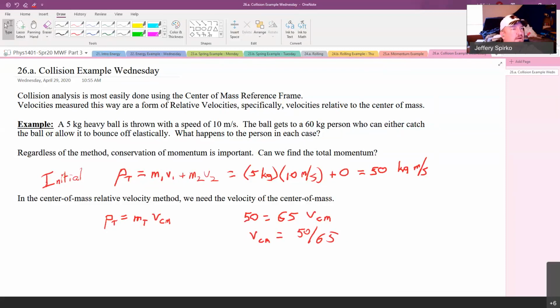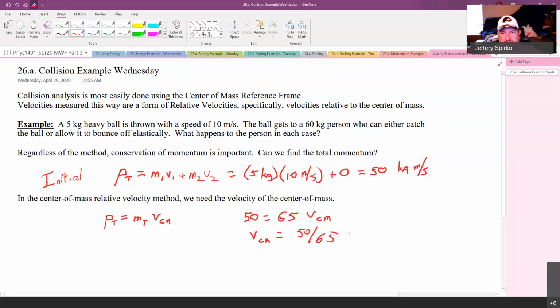I want to bring up a little spreadsheet calculator off of my other monitor here. So M1 is 5, V1 initial is 10, M2 is 60, V2 initial is 0, and P total is equal to M1 V1 plus M2 V2. So V center of mass is equal to the total momentum, which is 50, divided by the total mass, which is 65.